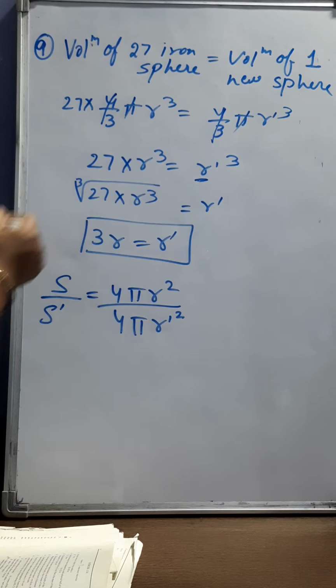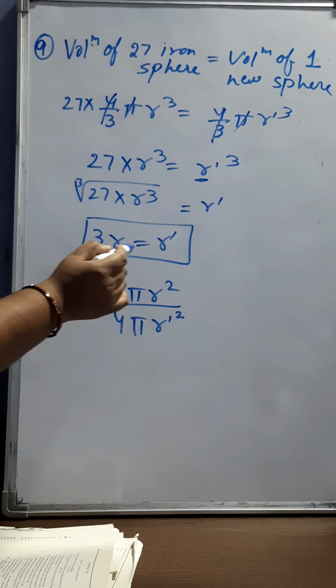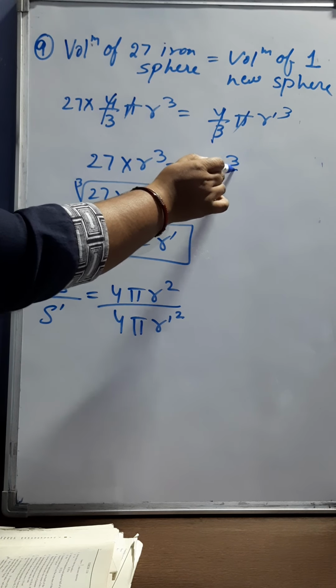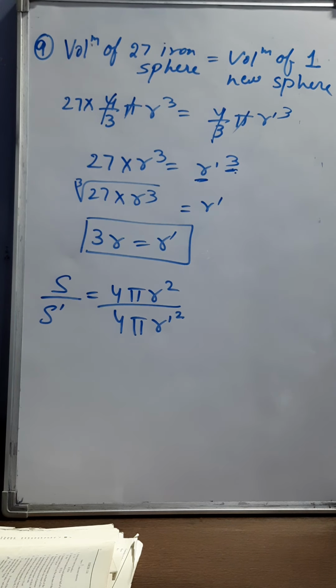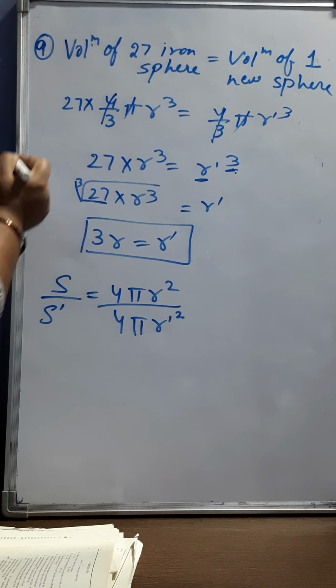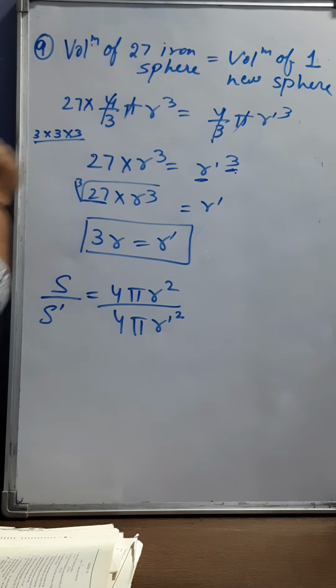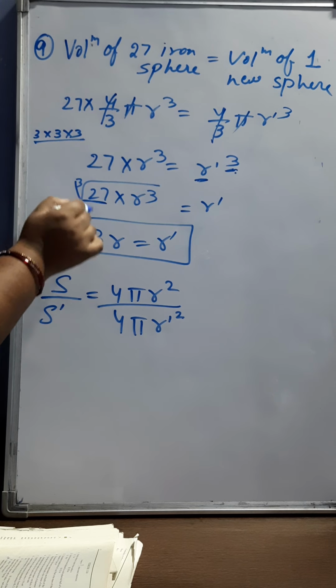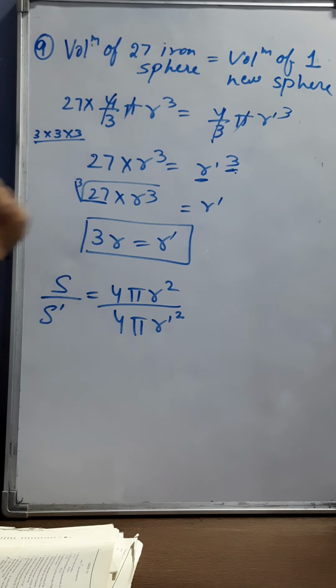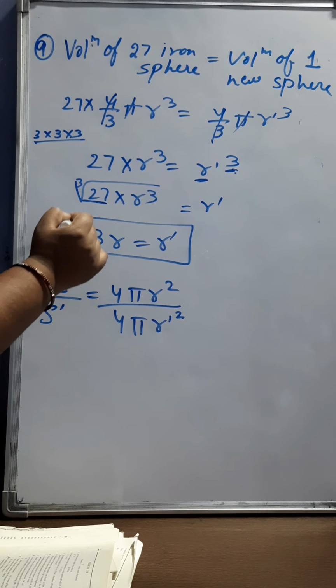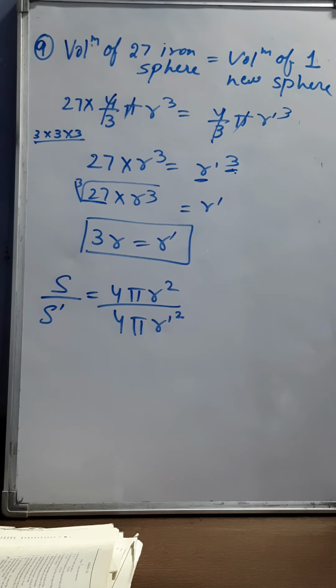We have to calculate this r dash, radius of new sphere. By removing this cube, we put the cube root on this side, which is cube root of 27 into r cube. We know that 27 is 3 into 3 into 3, or the cube of 3. So cube root of 27 will come out as 3 and r cube will come out as r. So we got new radius equal to thrice of the previous radius. Now the second part of the question asks the ratio of S and S dash.